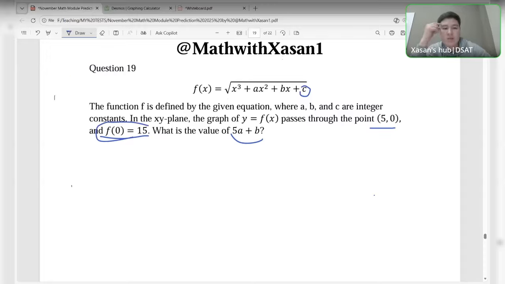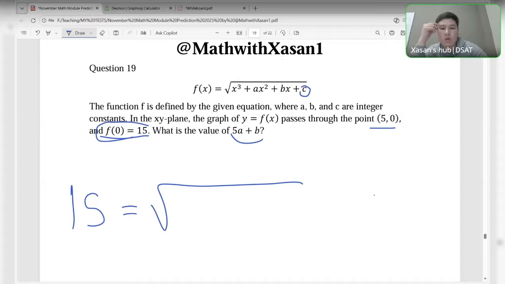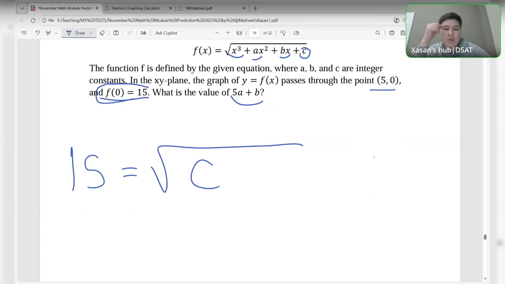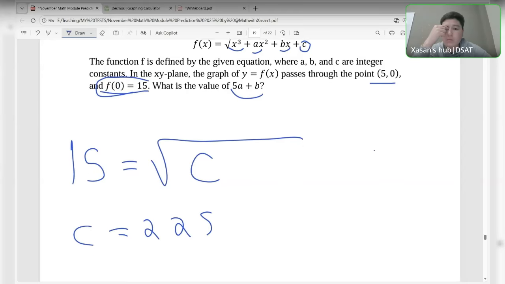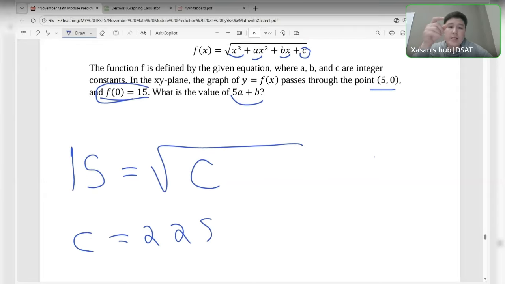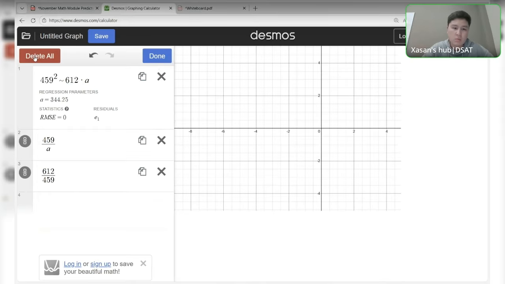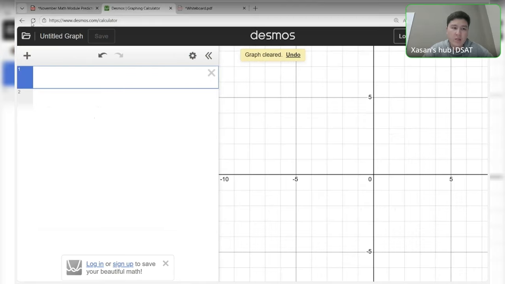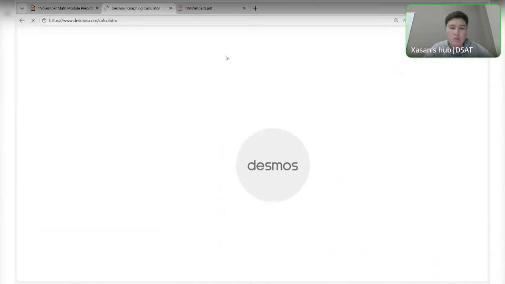When you apply 15 equals, now instead of x, I'll be using 0. So guys, you will have 0, everything will be just 0, and under the root you're going to have c. So then the value of c is 225, right? And here you can easily do it in decimals, the rest you can just write in decimals.